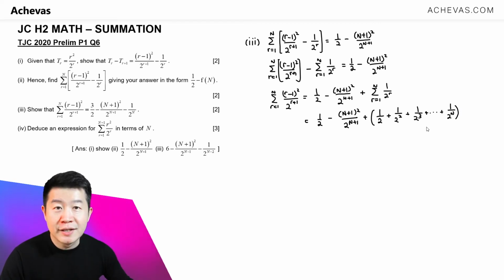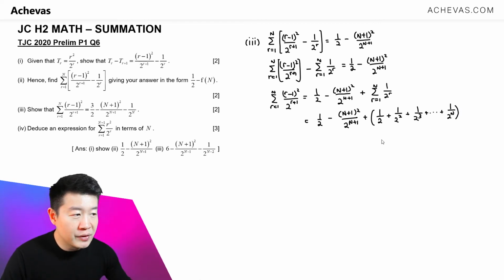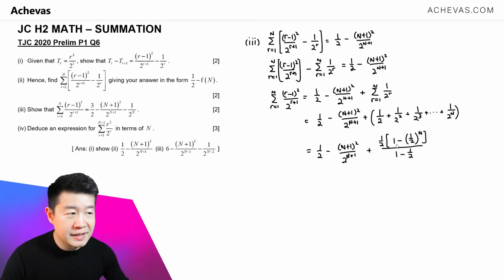And what we have here is a GP with the first term as half. The common ratio is half. The number of terms is n. So we're going to apply the sum of a GP formula, which is this. So this is equal to half minus n plus 1 squared divided by 2 to the power of n plus 1 plus this. Half and half can be cancelled.